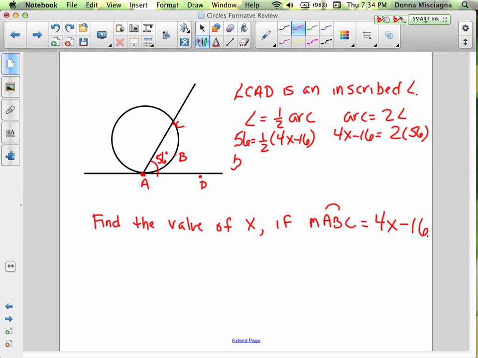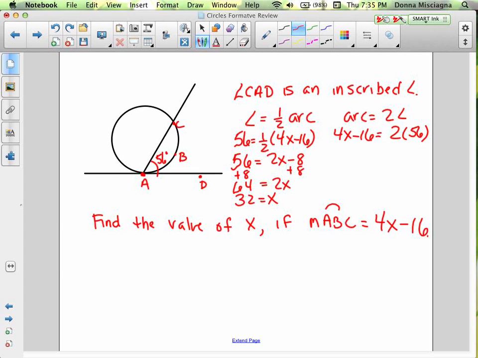So I don't know if it's going to go in evenly, but it is divisible by 2. So 56 equals, if I distribute the 1/2, I've got 2x minus 8. Oh, and this will go in nice and evenly. Now we add 8 to both sides. So this would be 64 equals 2x, and 32 equals x.